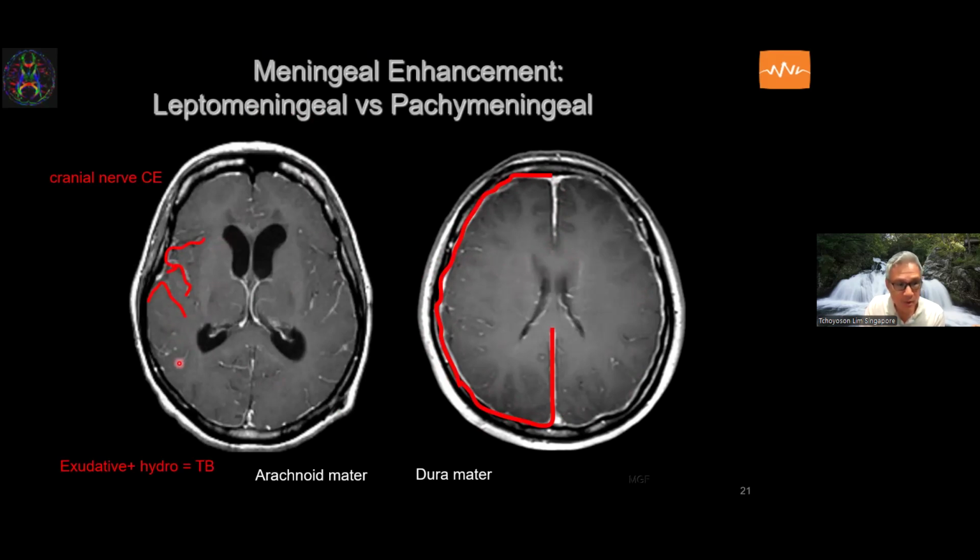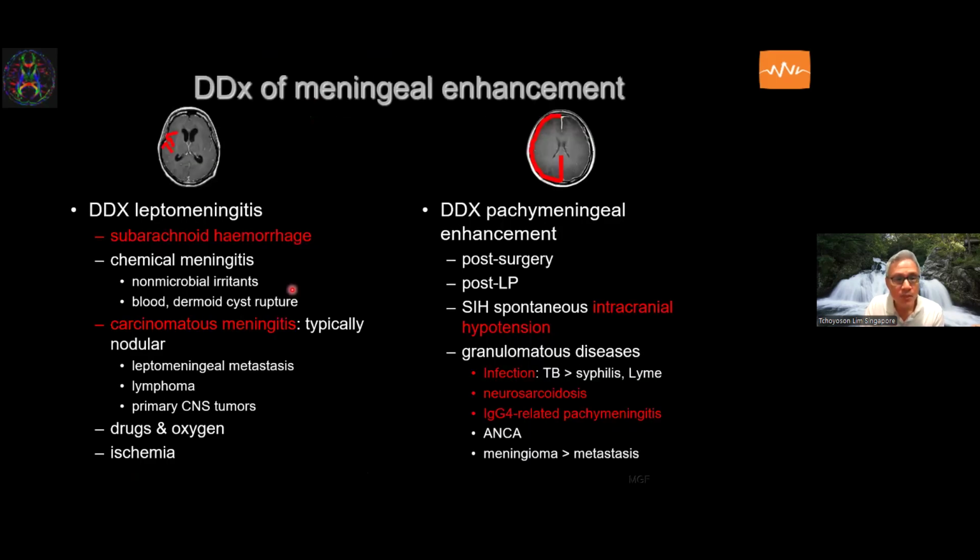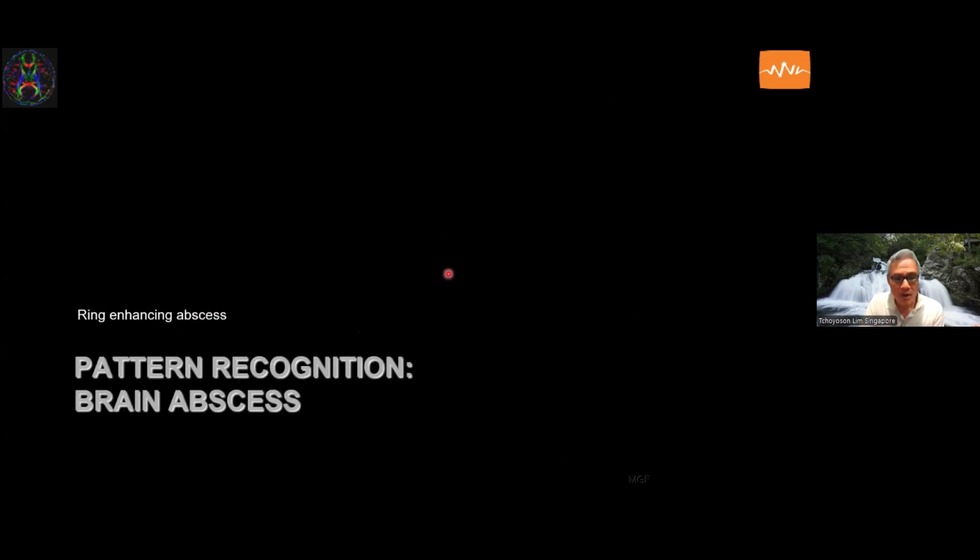So here's an example of if there is exudative leptomeningeal contrast enhancement plus hydrocephalus, think about tuberculosis. The differential diagnosis I won't go into. The leptomeningitis can also be caused by cancer, and diffuse dural enhancement is not always infectious, but can be caused by intracranial hypotension.